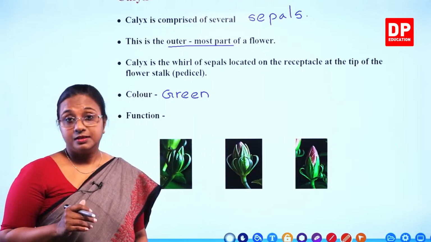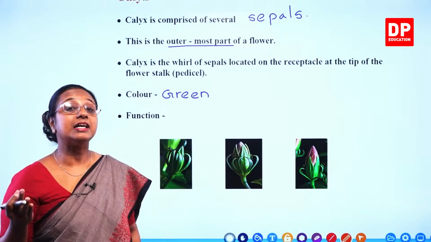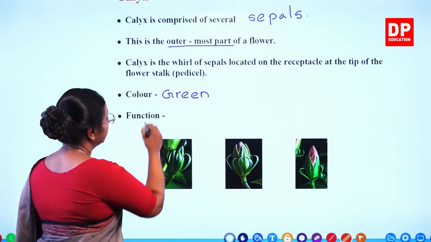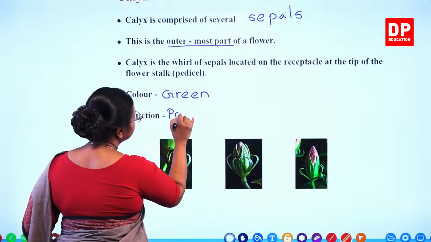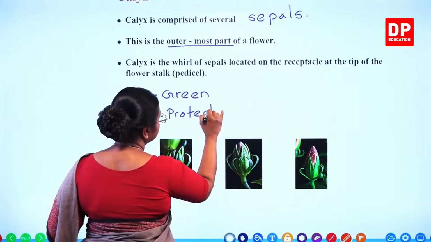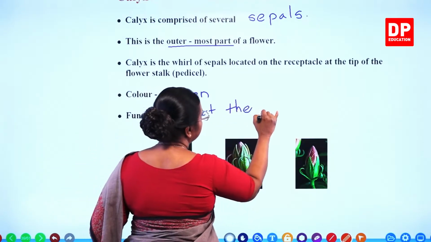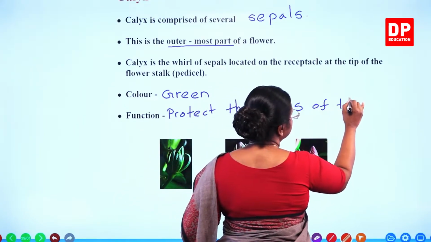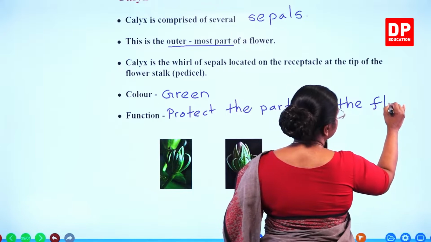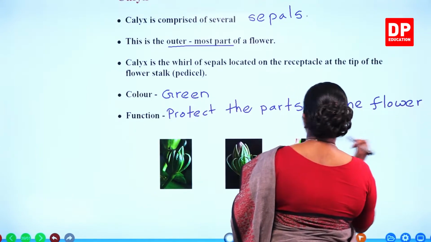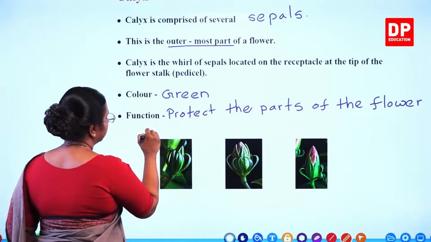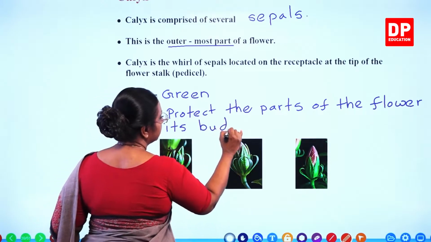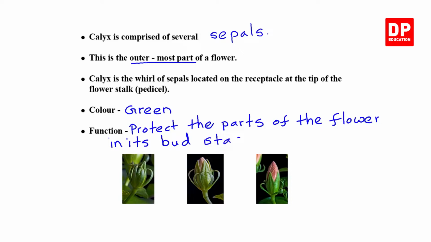The calyx or the sepals are green in color, always green in color. And the function is to protect the parts of the flower in its bud stage.